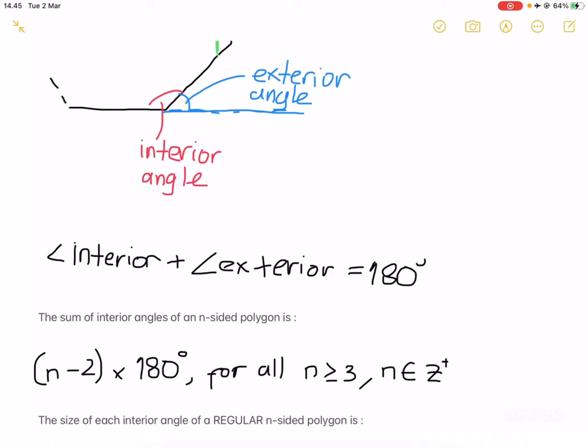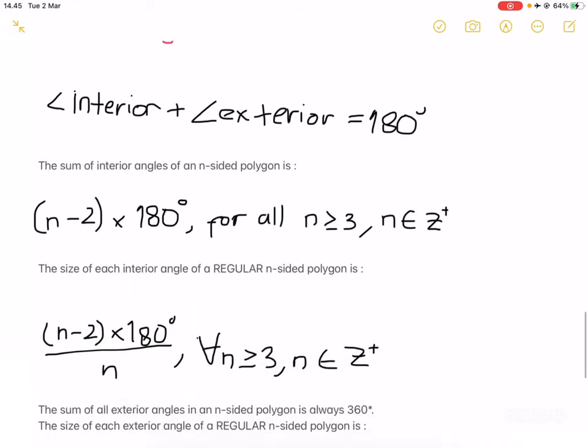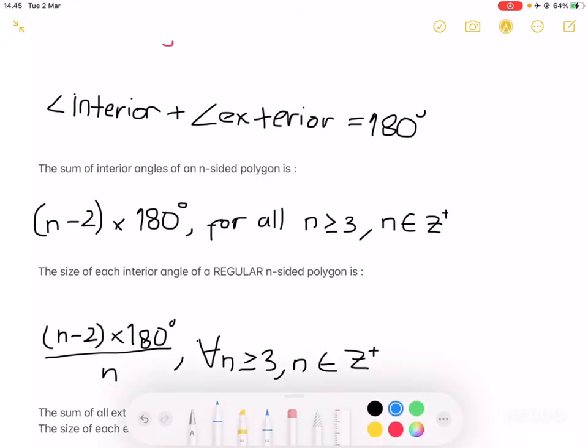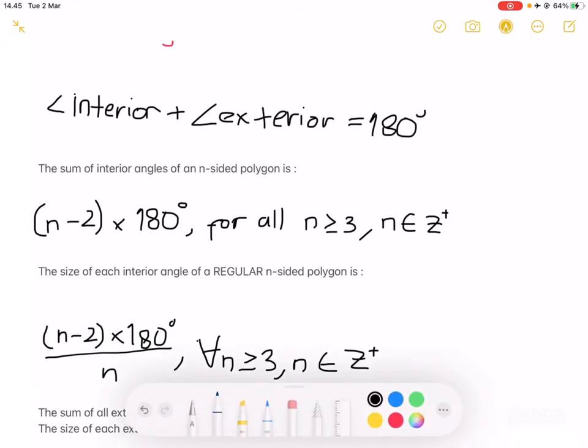First, a pretty common one: the sum of all interior angles in a polygon with n sides, where n is a positive integer. It's given by this formula: n minus 2 times 180 degrees. And this is true for all n equal to or greater than 3, for positive integer values of n.